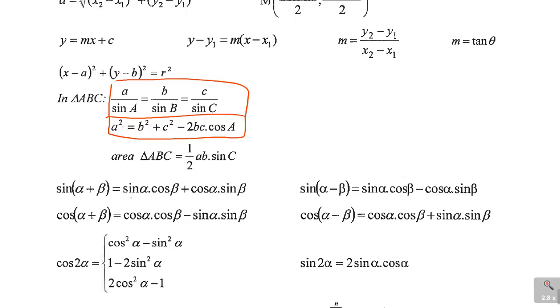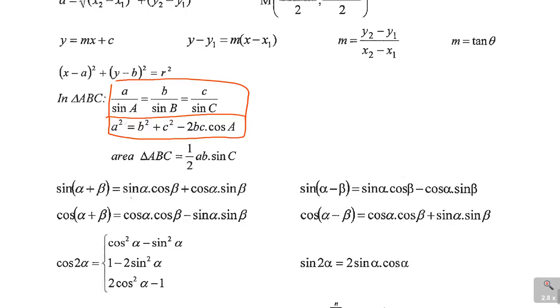So that is something just to look around. Not that it's a rule of thumb. I'm just saying usually examiners like asking such questions, so if it's above 4 marks, just think around the cosine rule before the sine rule, and just check for signs whether it is a cosine rule or the sine rule.